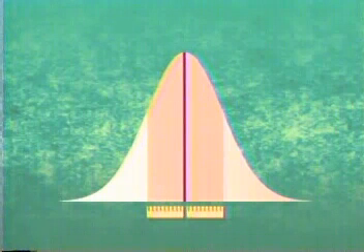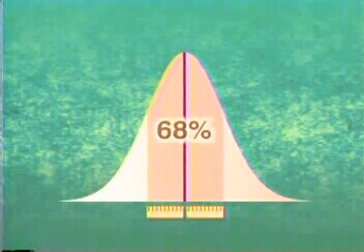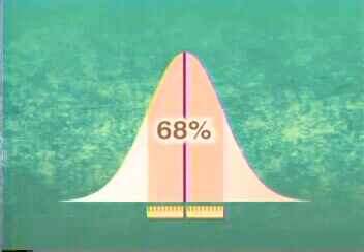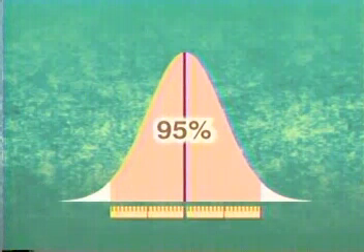For any normal distribution, no matter what shape, this region, 1 standard deviation on either side of the mean, always contains 68% of the observations. If we go out 2 standard deviations on both sides of the mean, we find 95% of the observations.